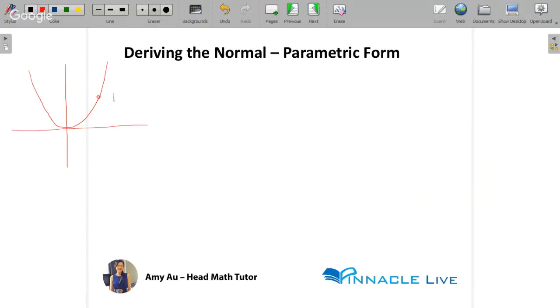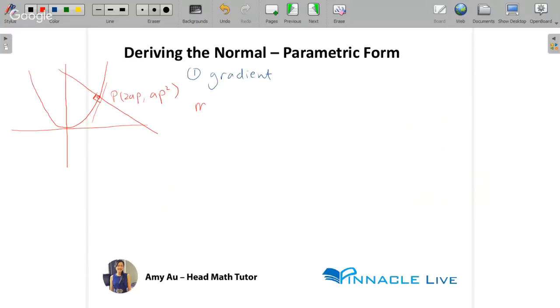Okay, so going back to the standard stuff, 2ap, ap squared. So we've got the tangent from before. The normal is the line that's perpendicular to the tangent going through the same point. Just like before, the first step, we need to know the gradient. So how do we find the gradient?